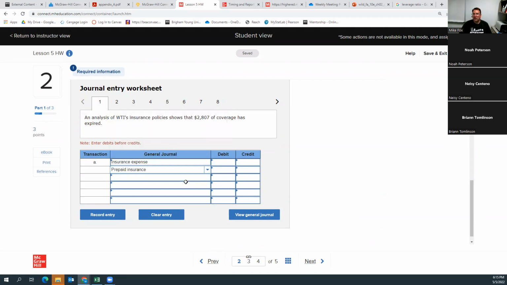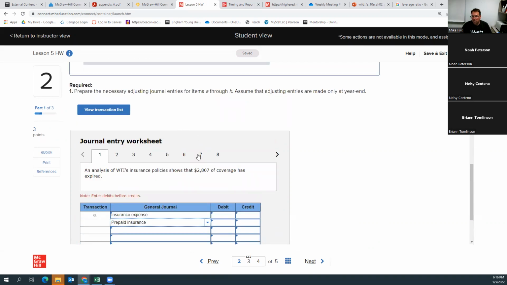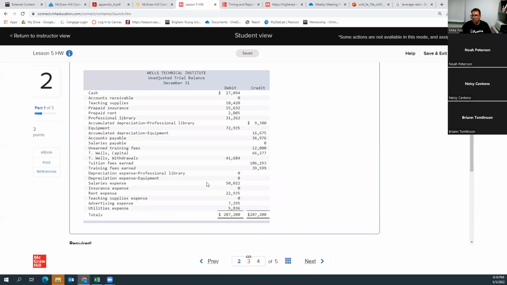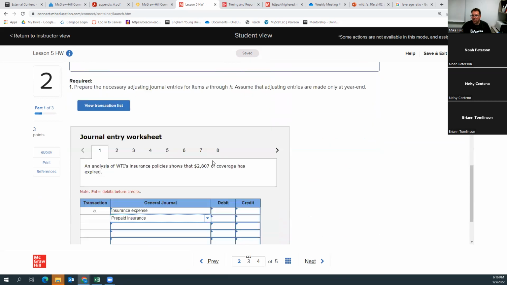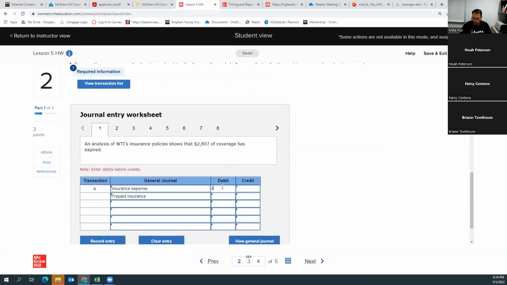Again, they had paid in advance for insurance, and now at the end of the financial reporting period, the end of December, they're recognizing they've used up $2,807 of that prepaid insurance. So our journal entry will decrease prepaid insurance by $2,807 and increase insurance expense.